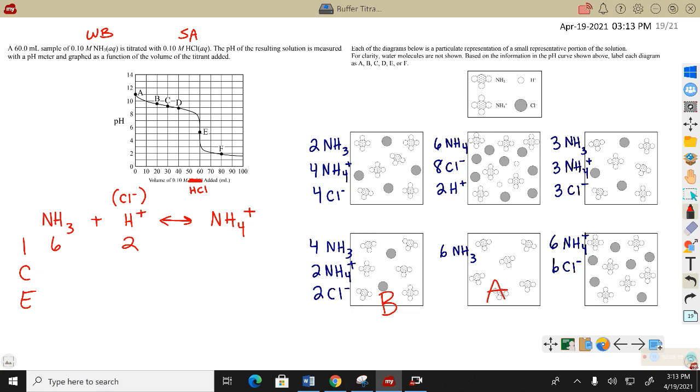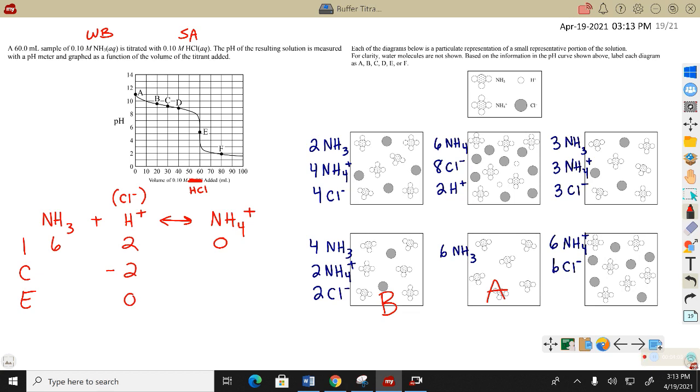And initially, let's say no NH4. Do you see now what would happen? On the reactant side, it's a limiting and excess situation, where whichever is smaller will react down to 0. So that's why there's no H plus ions in this box that I've labeled B. They're the limiting reactant. They've been completely consumed.